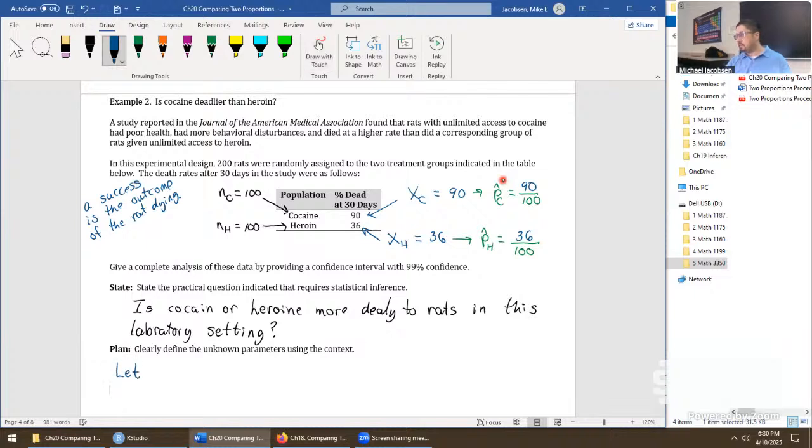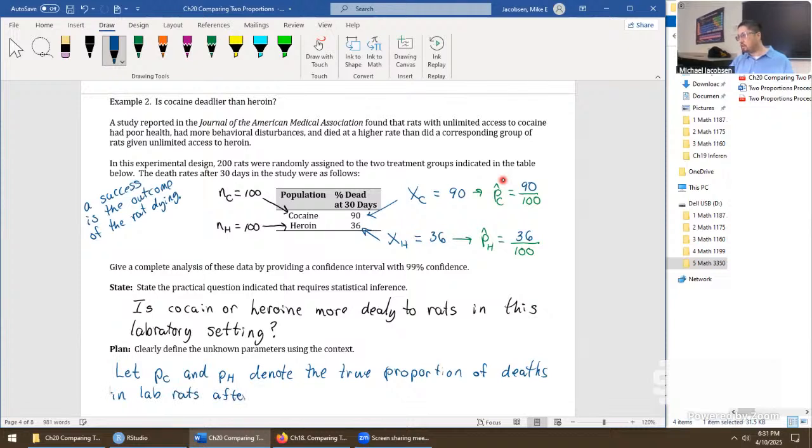Let P, take the hat off because now we're talking about the population proportion of successes. Let PC and PH denote the true proportion of deaths in lab rats after, sure, this was in a 30-day time frame.